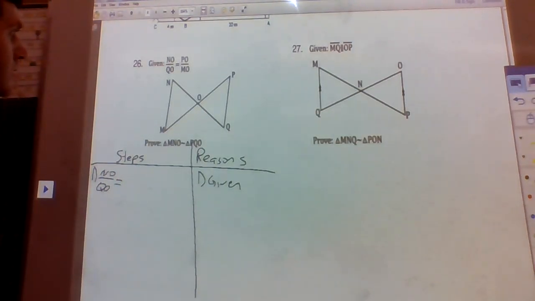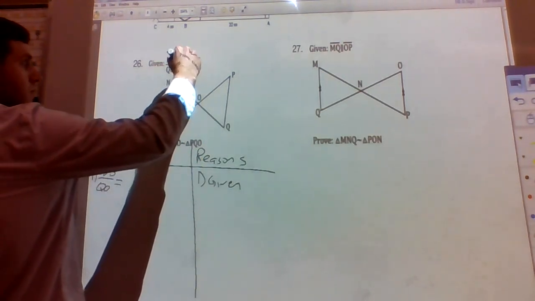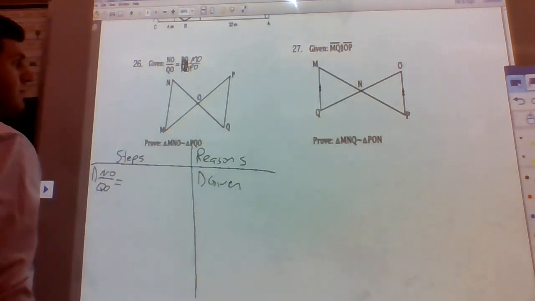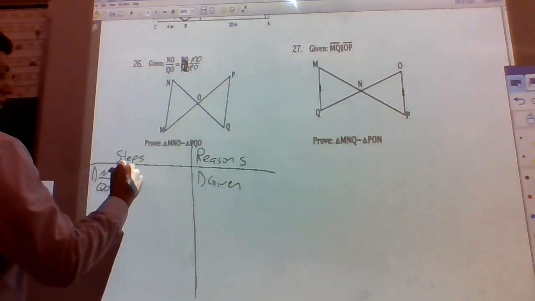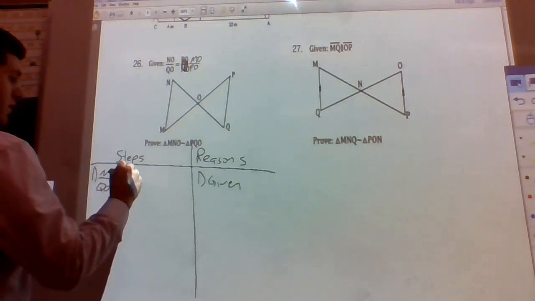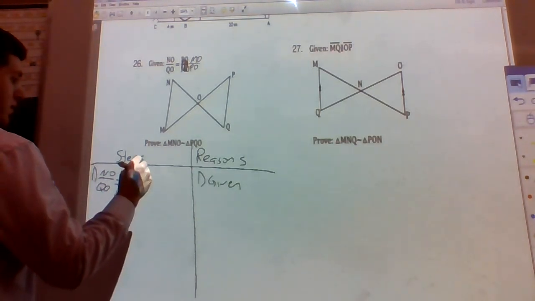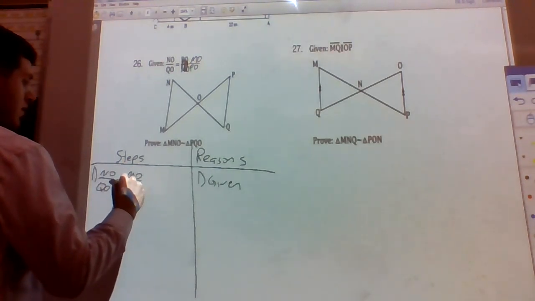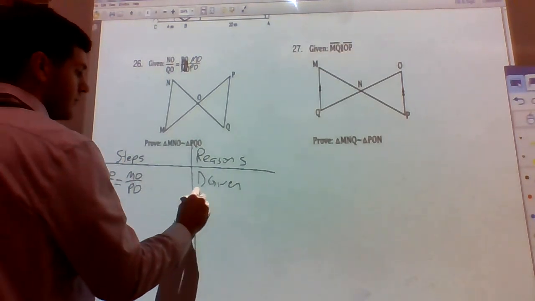Where it should be MO over PO. So cross that off and write MO over PO. Okay, and that was given.